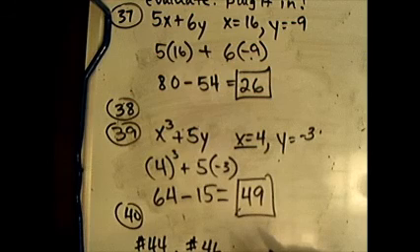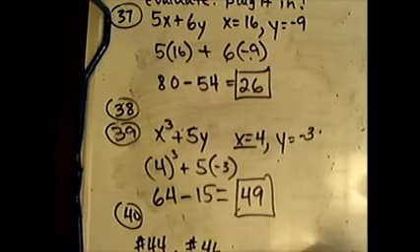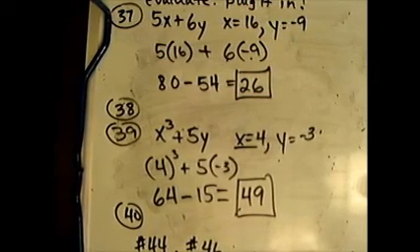All you do is simplify, which means you add like terms. If you have 16c plus 17c, add the 16 and 17 together.